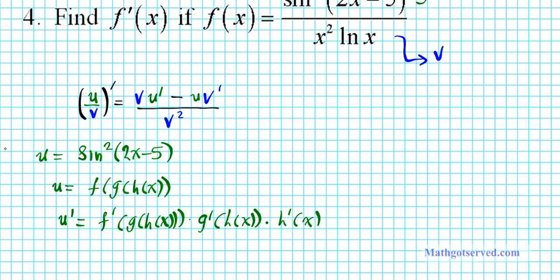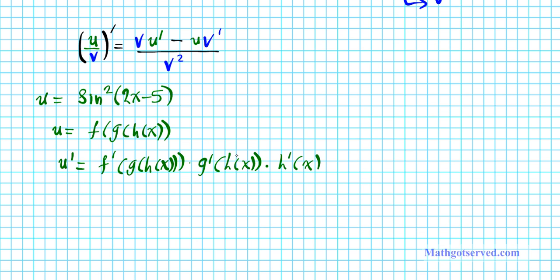Let's go ahead and decompose u, and then we can find the derivative of the different functions and plug them into the chain rule formula. So u is f of g of h of x, which is equal to sine squared of 2x minus 5.